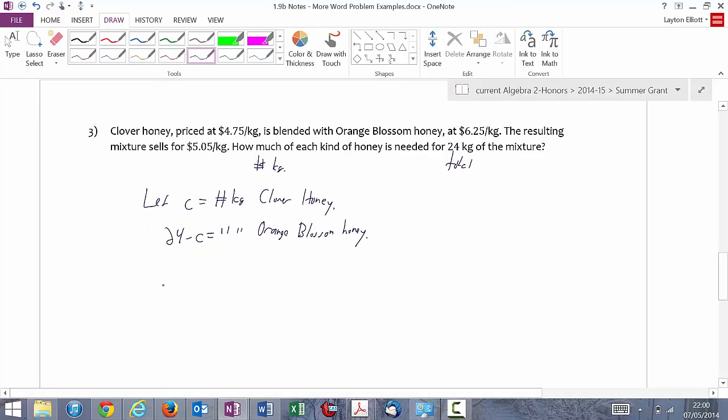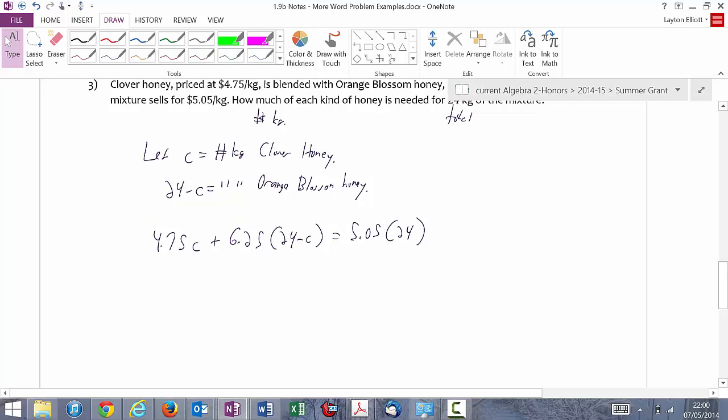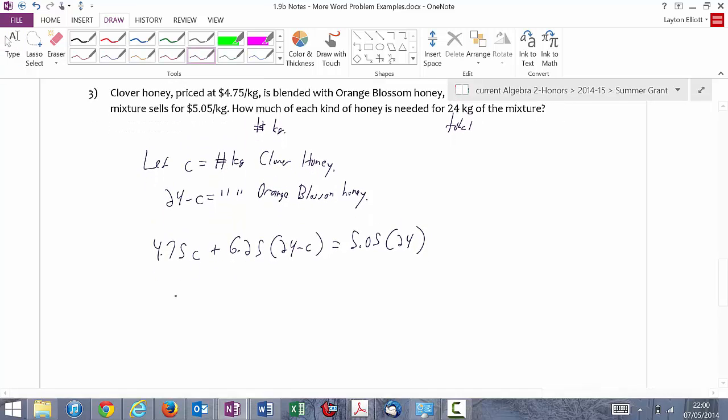So the price of the clover honey is $4.75. The price of the orange blossom honey is $6.25, and the price of the whole thing is $5.05, times the 24 kilograms for the mixture, and then we have a price of the whole thing. I'm not a fan of all these decimals, so we're just going to multiply through by 100.